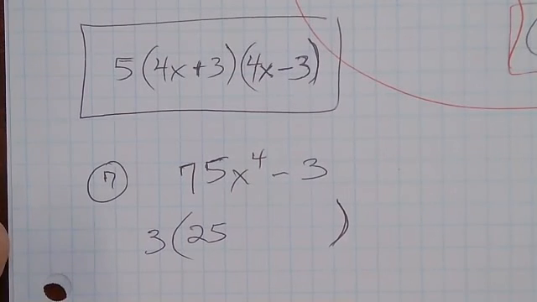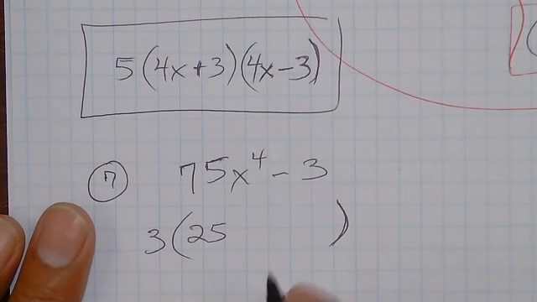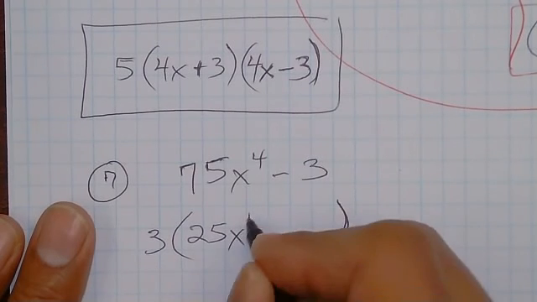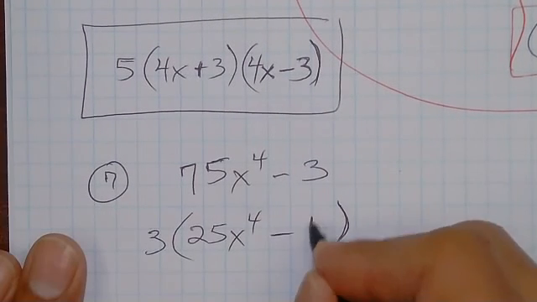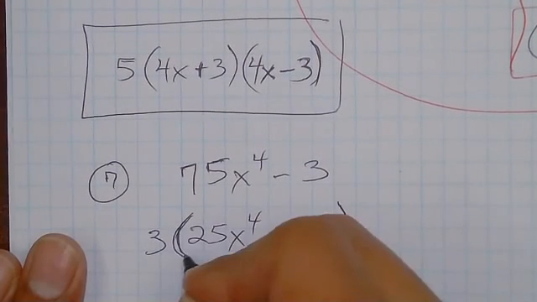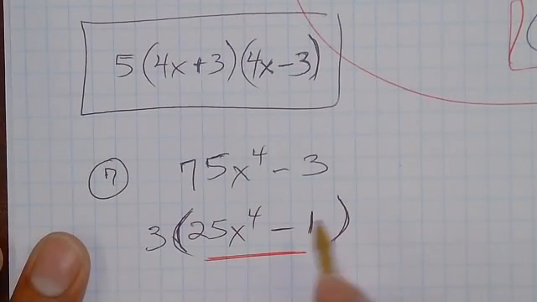You guys should be good with your quarters, with your 25 times tables. Okay, 25 times 3 is 75. Yeah, 3/4 is 75 cents. So 25x^4 minus 1.